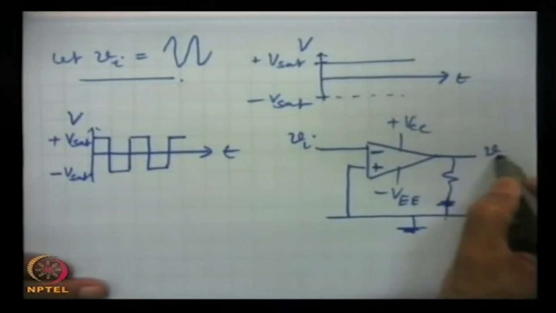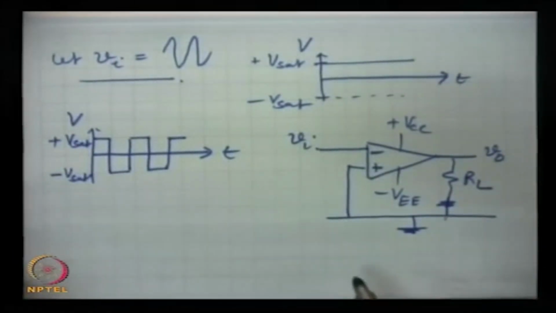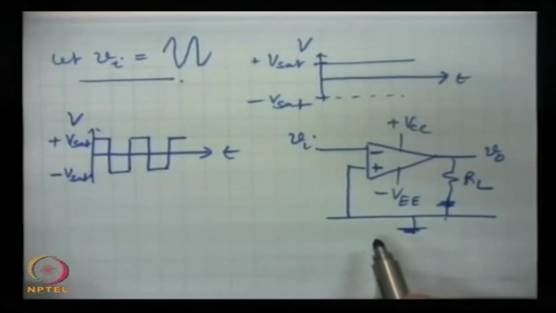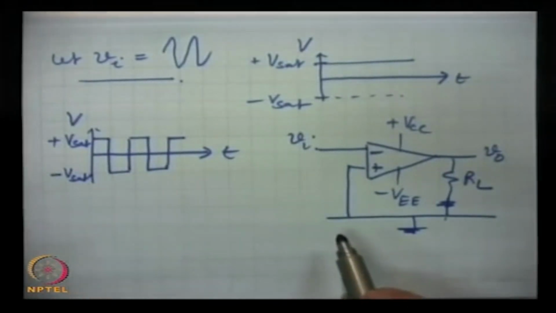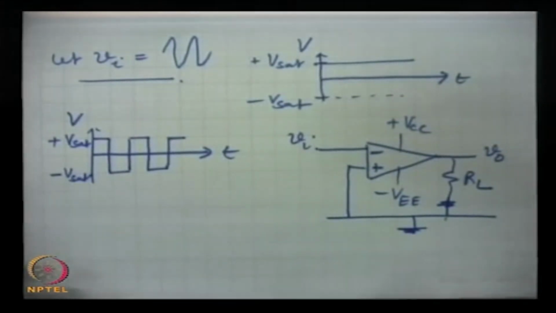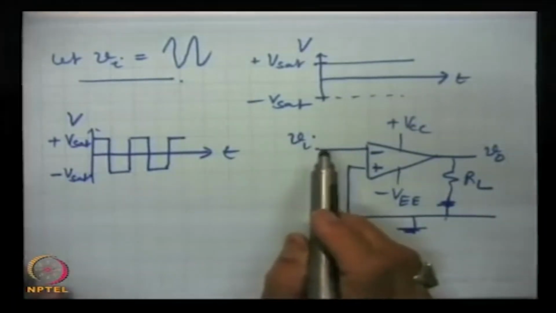This is V out and this is the load. This is not shown, but in a statement we cover it that all output and input voltages are with respect to ground. So, here when we apply it, the sign will be inverted.